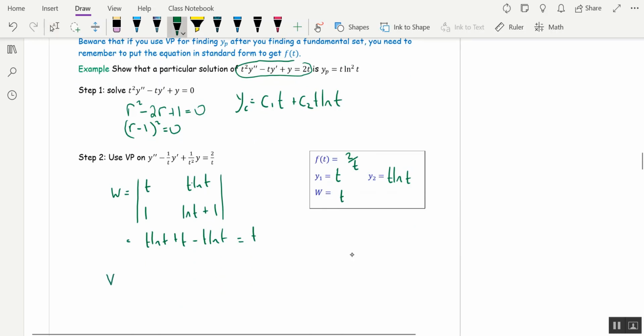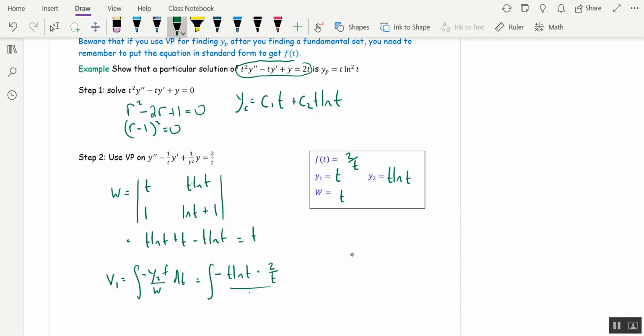Here we go. V1, I'll remind you of the formula. V1 is the integral of -y2 f over w dt, which is the integral of negative y2 is t ln t, f is 2 over t, w is t. So that's the integral of -2 ln t over t dt.